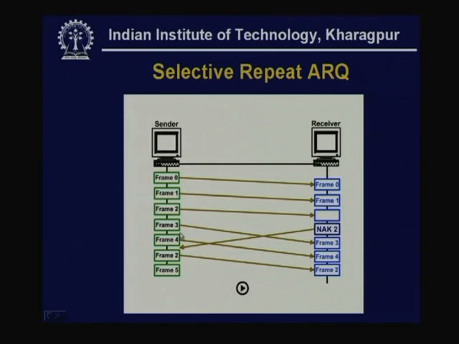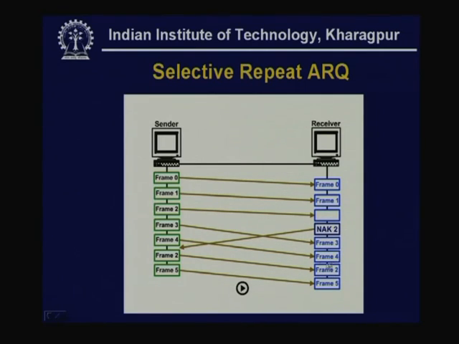So, we see in case of go back N ARQ, after 2, 3, 4 and 5 were sent, but now here we find after sending 2 it sends 5. So, retransmission of 3 and 4 is prevented by using the selective repeat ARQ technique. However, here the receiver must keep a buffer so that 2 can be inserted before 3 and 4.